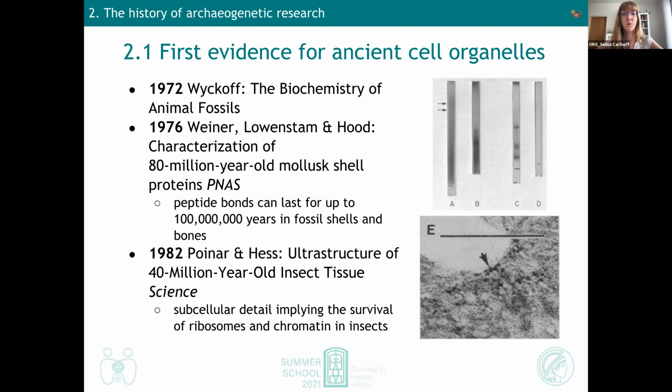You can see in these two pictures one polyacrylamide gel where they characterized these proteins from the mollusk shells, and in the lower picture, you can see where they found these ribosomes, which are also little organelles in the cells, in 40 million year old insect tissue. So that was quite exciting, of course.